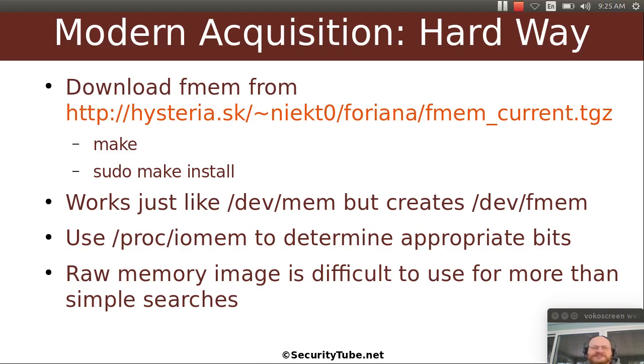And this new device is called fmem for forensics memory. And if you go to this link I provided here, you can download the code for this. It's pretty easy. You do a sudo make install, and then it works just like devmem used to.